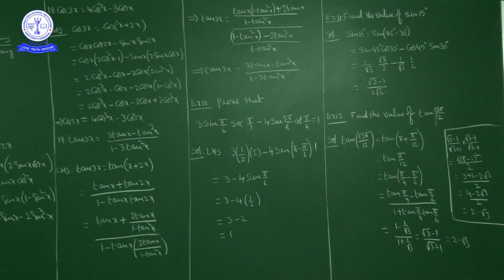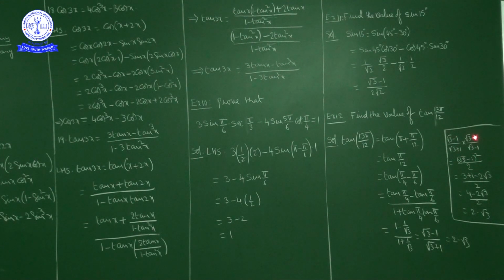Now if we simplify root 3 minus 1 by root 3 plus 1, rationalizing the denominator, multiply numerator and denominator by root 3 minus 1. Denominator is a plus b into a minus b, which is a square minus b square. So root 3 square is 3, minus 1 square is 1, so denominator is 2.